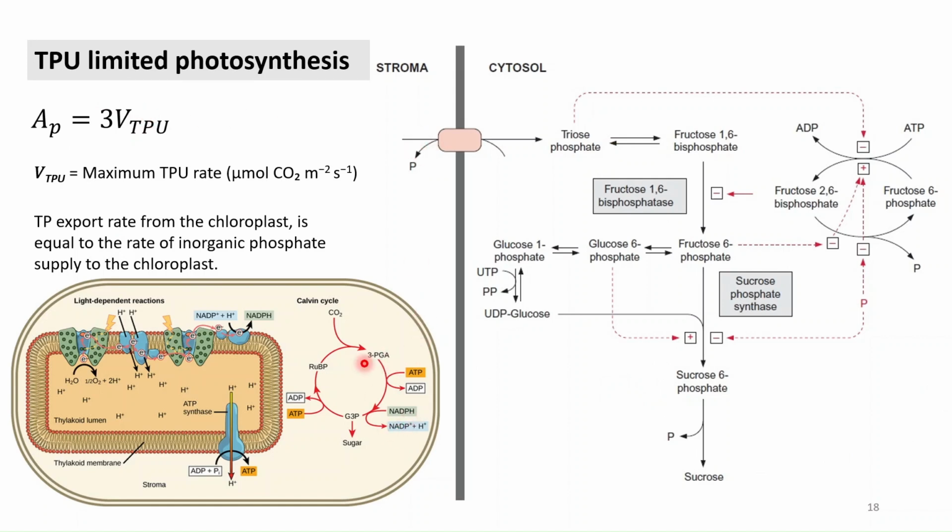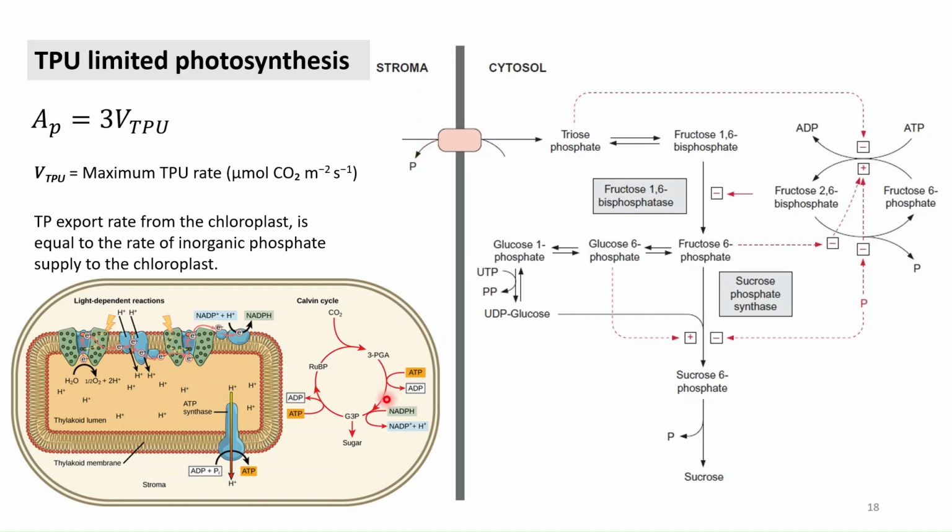Now, we know the Calvin cycle happens in the stroma of the chloroplast, and from there, the triose phosphate that is generated from the Calvin cycle will move into the cytosol. During the process of generating carbohydrates, when this triose phosphate is sent into the cytosol or cytoplasm from the stroma, the cytosol provides in return an inorganic phosphate molecule back into the stroma.